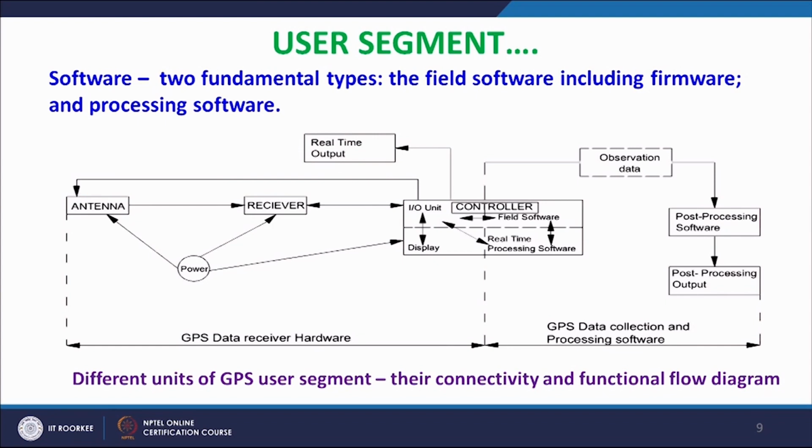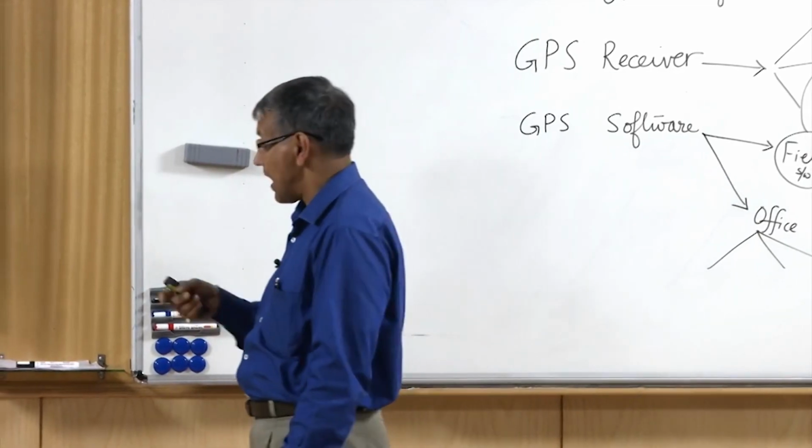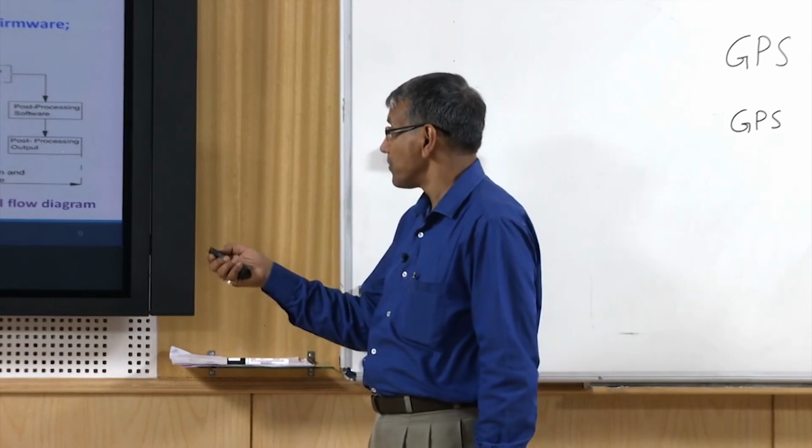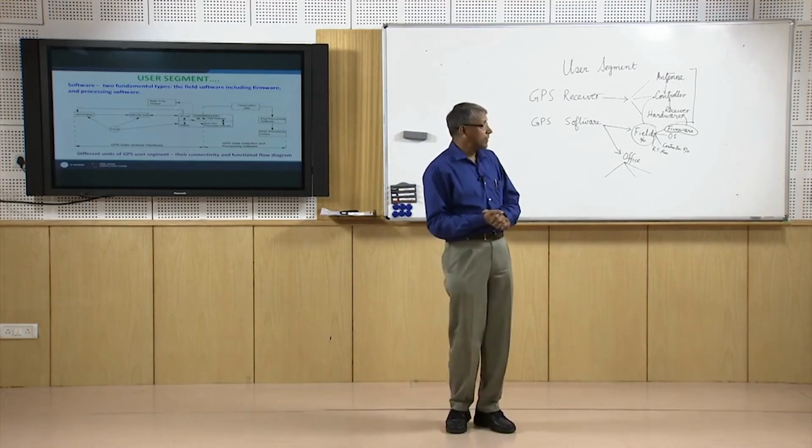So this is in short how the whole GPS user segment works. After processing the data from the GPS signal, we get the necessary information like position and many other parameters which we are looking for, as done by the processing software. And this is in short about the user segment.